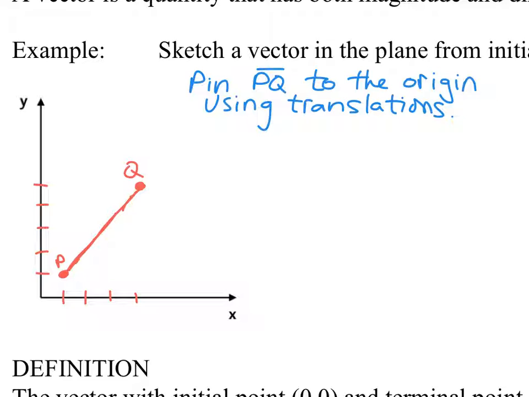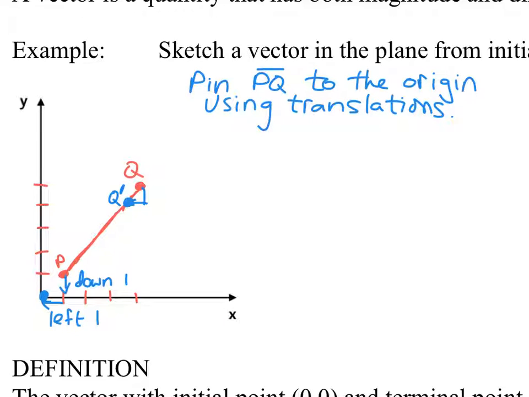A fancy word for shifting the points. If I'm going to shift point P, I'm going to go down 1 unit, and I'm going to go left 1 unit. What I do to P, I have to do to Q. So down 1, left 1. So my Q prime is going to be here.